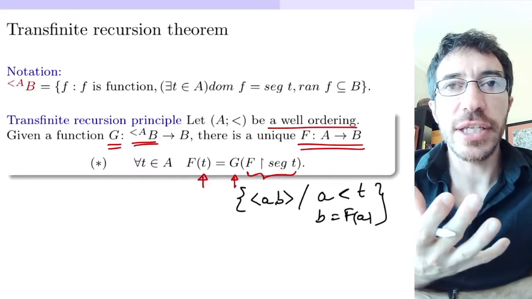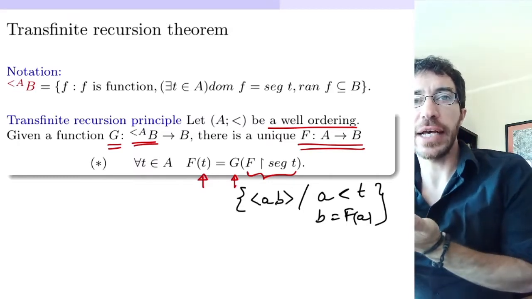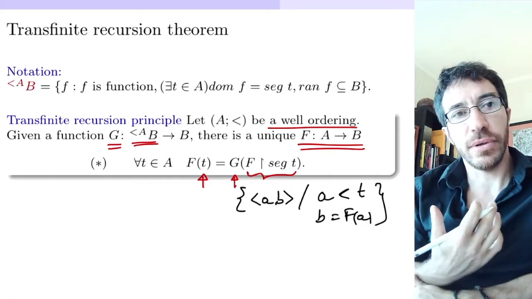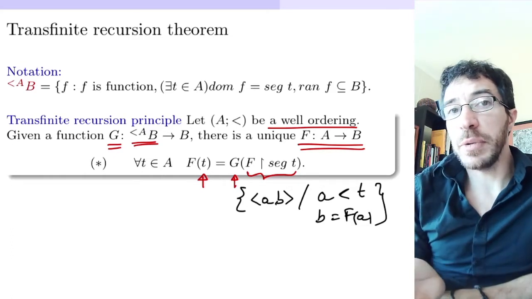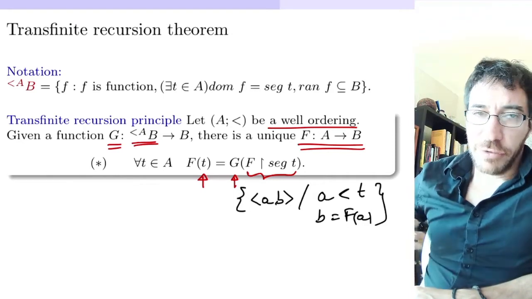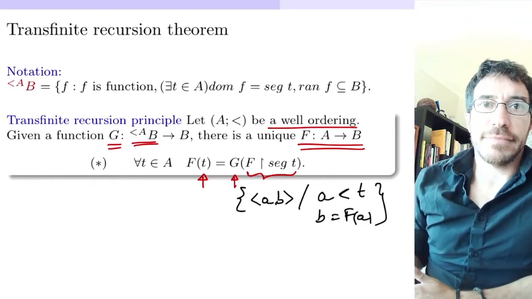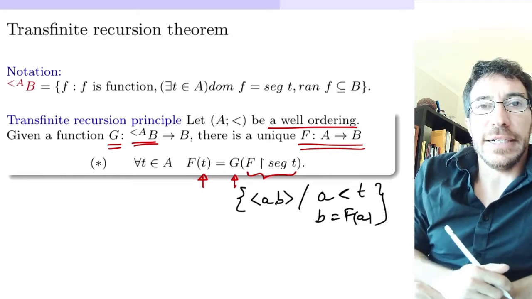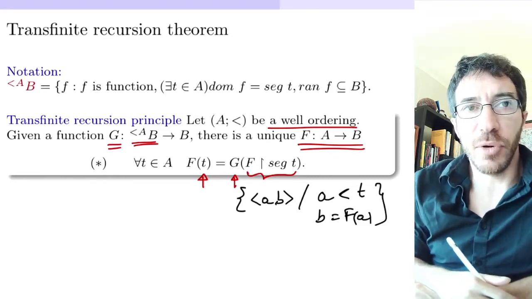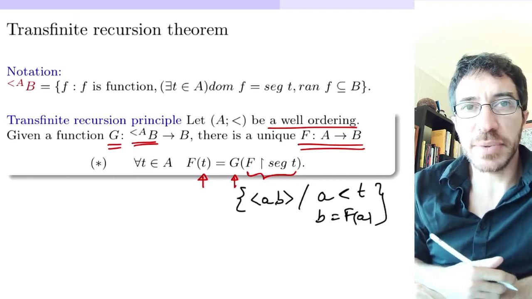And this g is kind of this procedure that, if you know what f does in the previous cases, tells you what to do next, right? So this is essentially what we did for the natural numbers. And it's a bit more complicated for a general well ordering because these well orderings can be anything. All we know is that they satisfy this property that every subset has a least element.